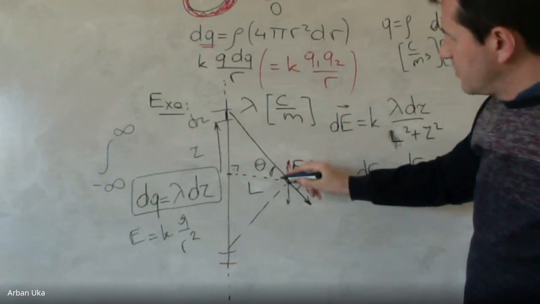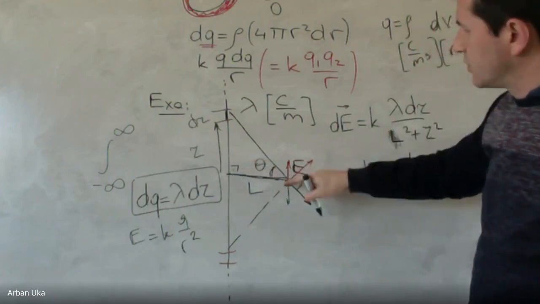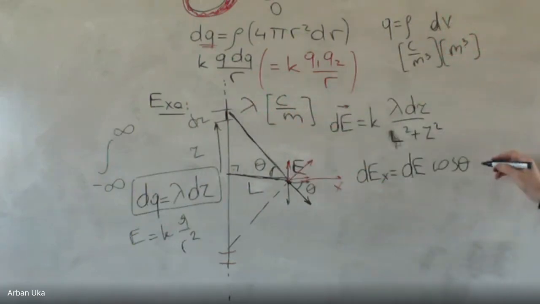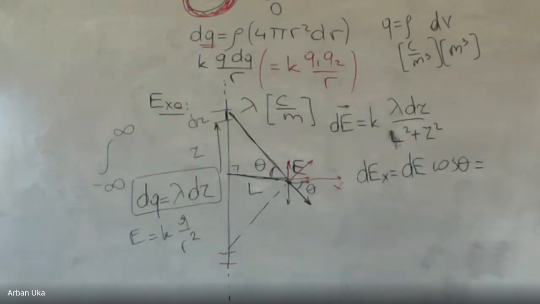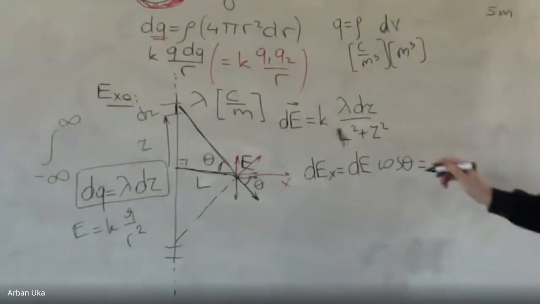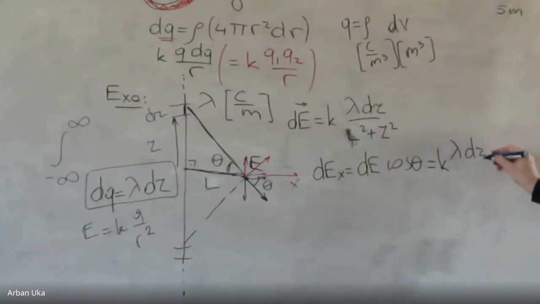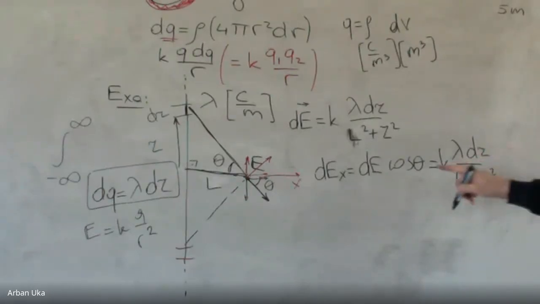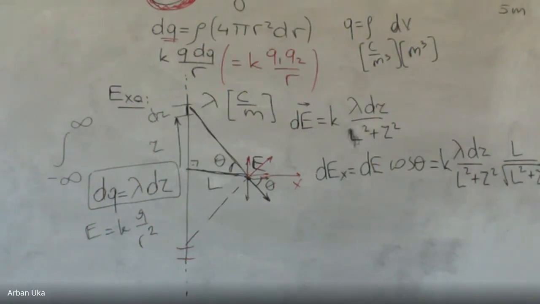Cosine theta can be defined as the adjacent side divided by the hypotenuse. So this whole thing is equal to the dE we get from the expression above: k lambda dz divided by L squared plus Z squared, times the cosine. Cosine is L divided by the square root of L squared plus Z squared.